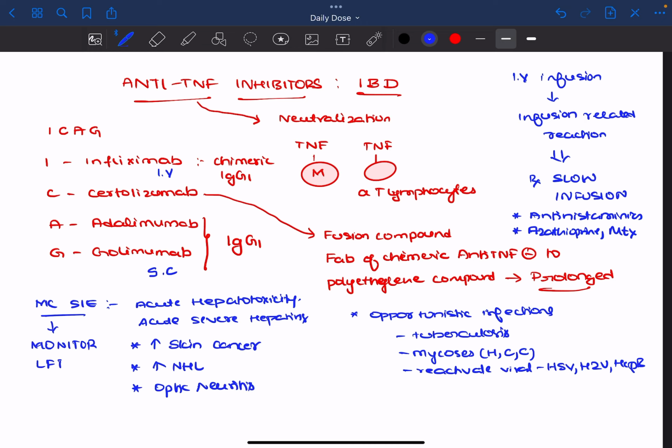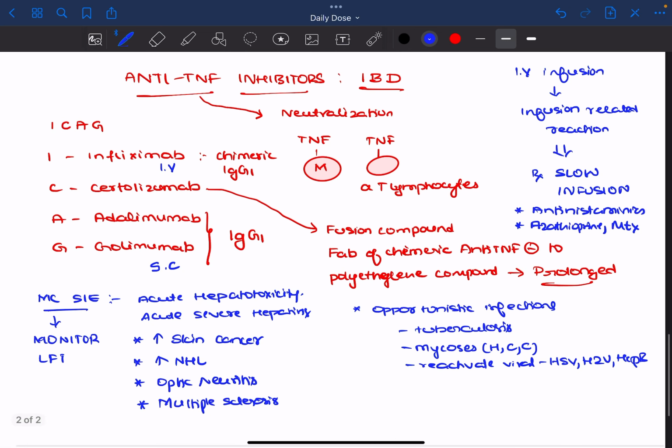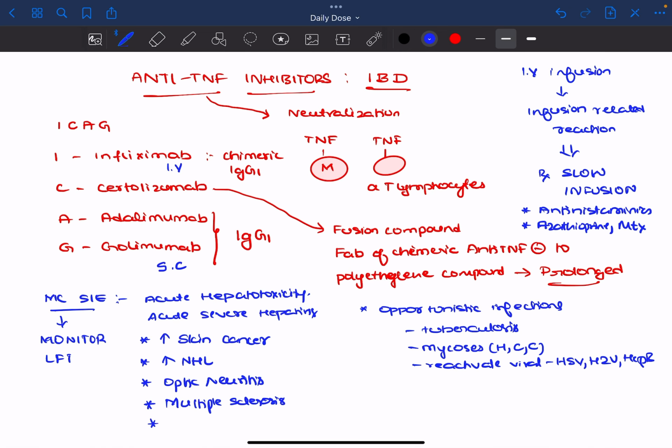And also you should remember that there is a chance of development of demyelinating diseases like multiple sclerosis. And also there is a chance that cardiac dysfunction can occur. Cardiac arrest or cardiac dysfunction can occur.